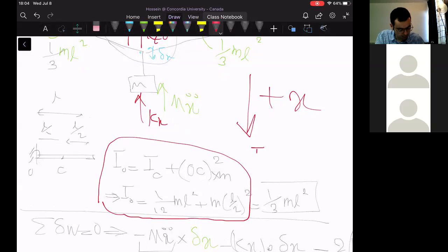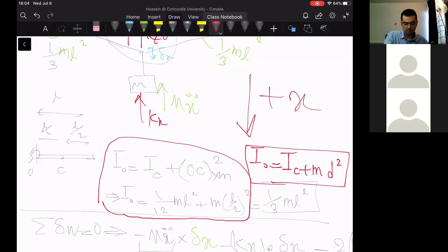Basically, this is a theory: I of O is I of C plus m d squared, like in the last session when we solved a similar problem. So you had better memorize this parallel axis theorem. I around point O is equal to I at the center of gravity plus m d squared, where d is the distance between the two points, O and C.